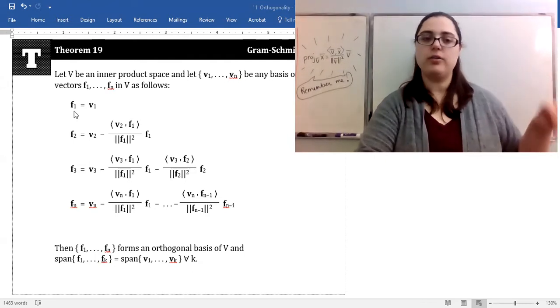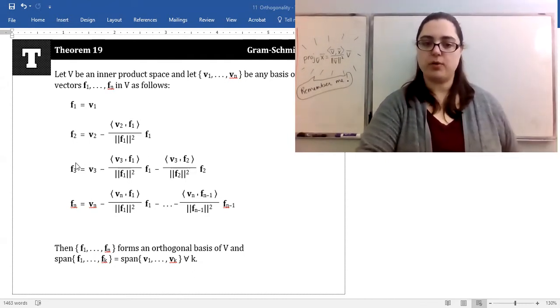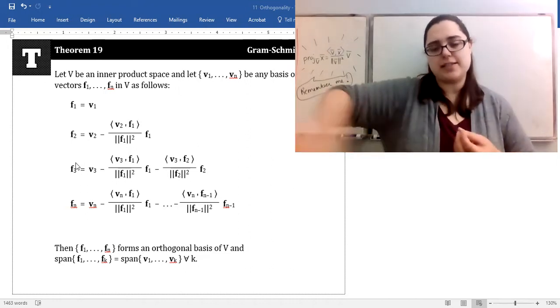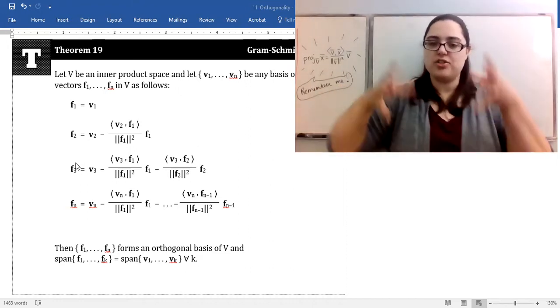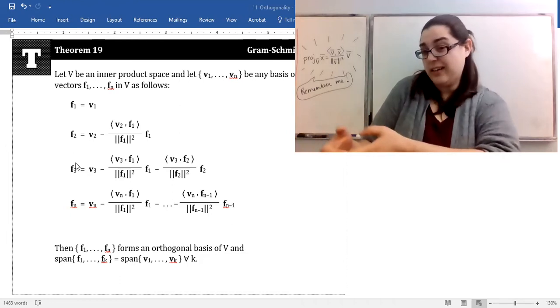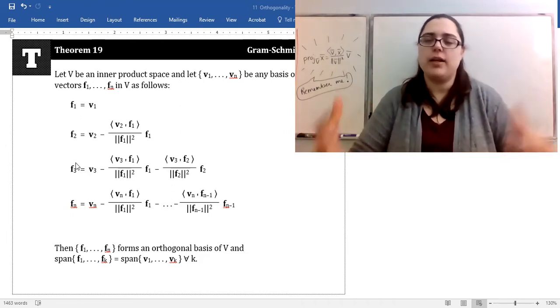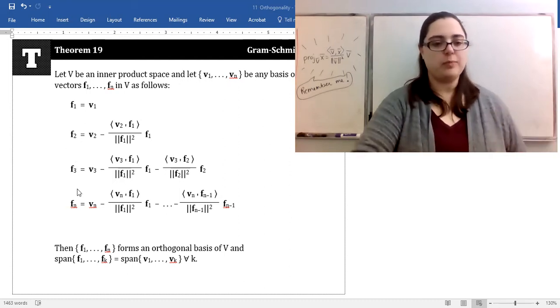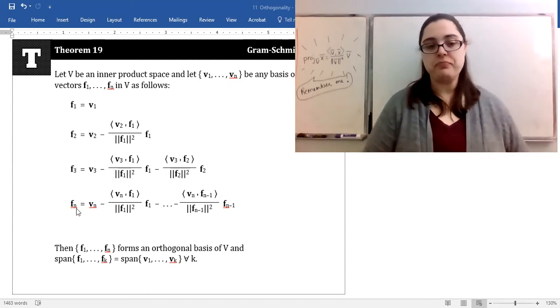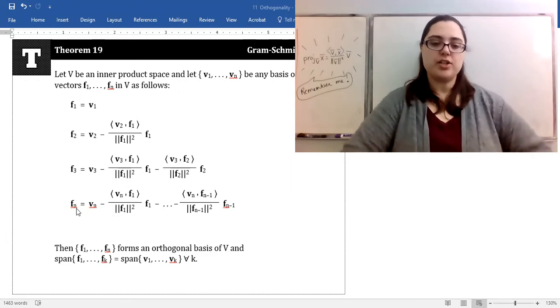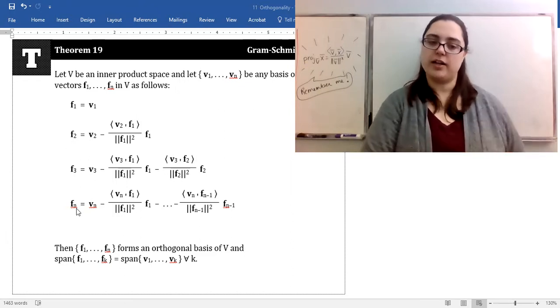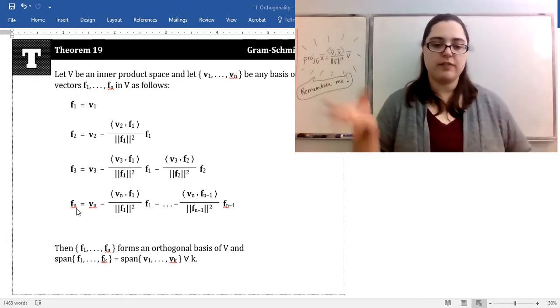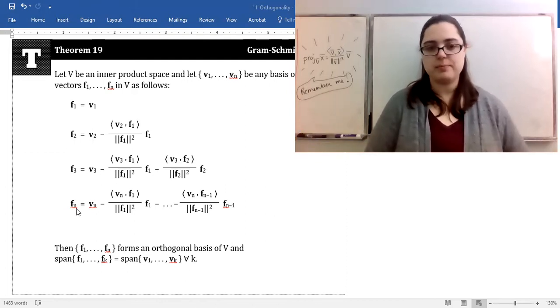So now these F's are going to be orthogonal, because I'm taking off pieces that lived on them and just keeping the piece that's unique, the piece that can't be written as a linear combination of the others. And then we keep doing this until we get to the end. This collection of vectors forms an orthogonal basis, and it's going to have the same span as the space that we had before, since it's a basis.